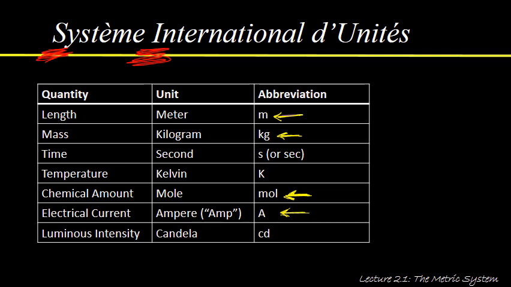And finally, luminous intensity is the candela. And I will tell you that unless you're in physics and you're looking at light, you'll probably never see that. I'm 52 now, and I don't think I've ever done some kind of a measurement or read a paper or worked on something that included candelas as a unit. So I'm putting it there because it's part of the table.